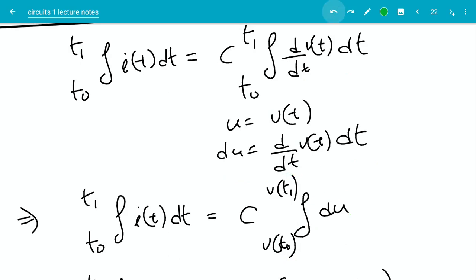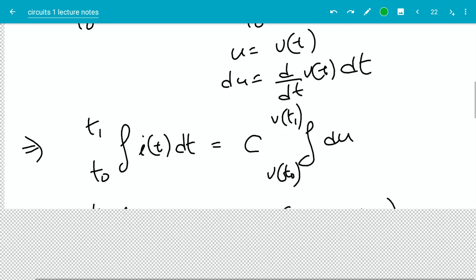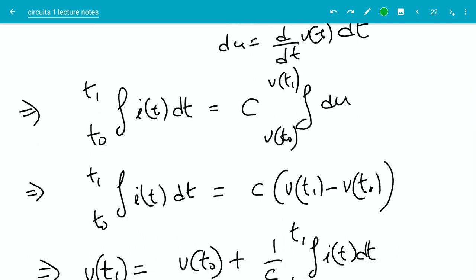The left hand side is brought as is. Now if I integrate the right hand side, the integral of du is just u, and substituting the limits I get C times v(t1) minus v(t0). And the left hand side is the integral of i(t).